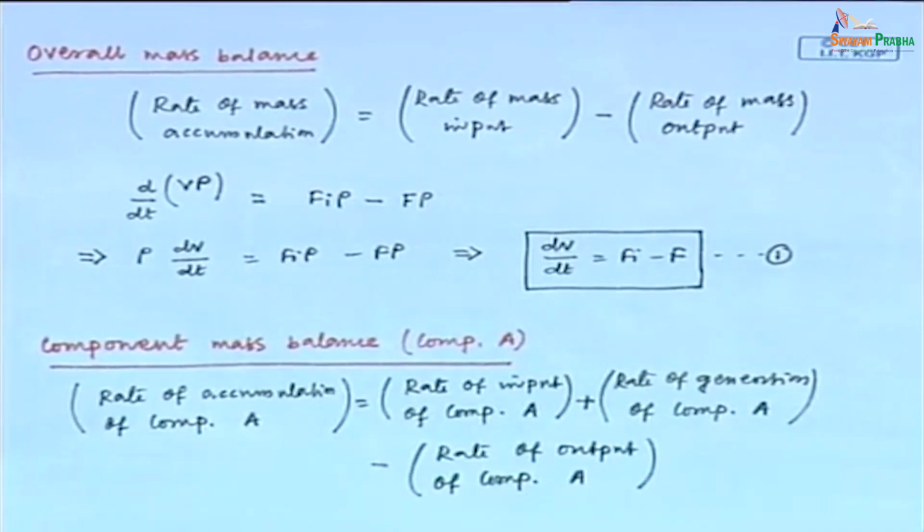This is the conservation principle for component mass balance. Now, we have to derive all these, we have to write all these individual terms: accumulation, input, output and generation.